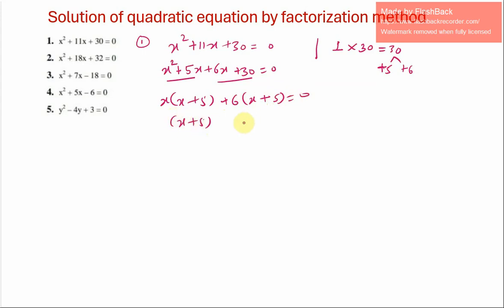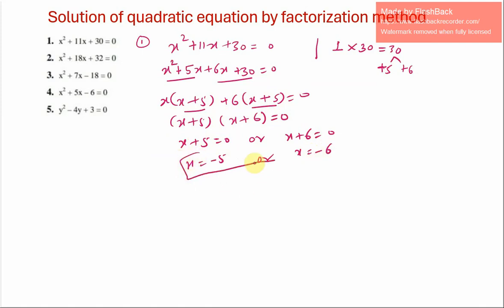So the first factor is x plus 5, which is common, and the second factor is x plus 6. So either x plus 5 is 0 or x plus 6 is equal to 0. So we get x equals to minus 5 or x is equal to minus 6. So these are the roots of the given quadratic equation.